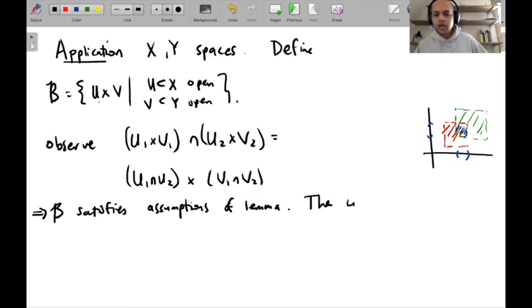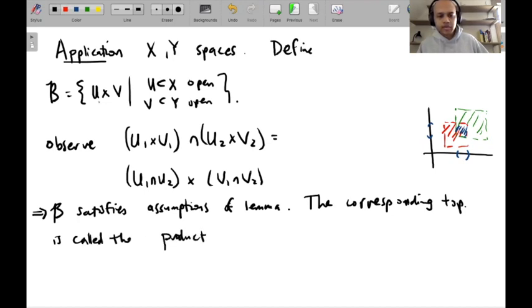The corresponding topology is called the product topology on X times Y.